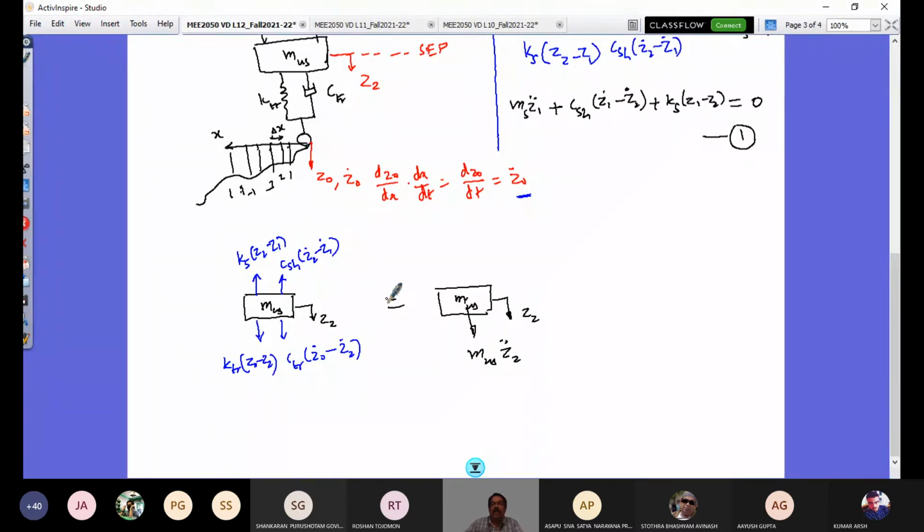What am I going to do? In a similar way, I bring all these forces on this side. So that's going to be MUS into Z2 double dot, and I'm going to write first the tire forces. So that's going to be plus, when this comes on that side, Z2 minus Z naught.